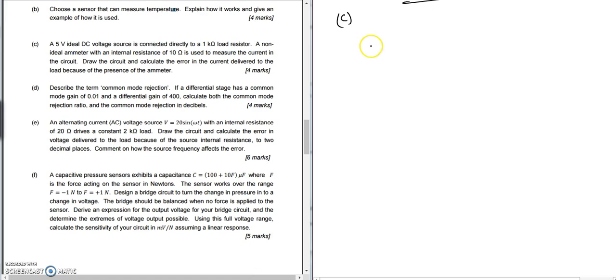So now part C. A voltage source of 5 volts will connect to 1 kilo ohm.